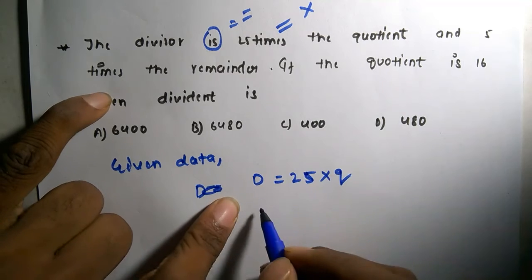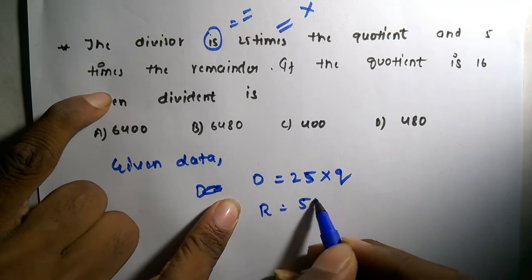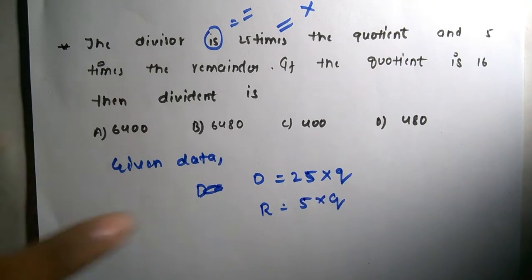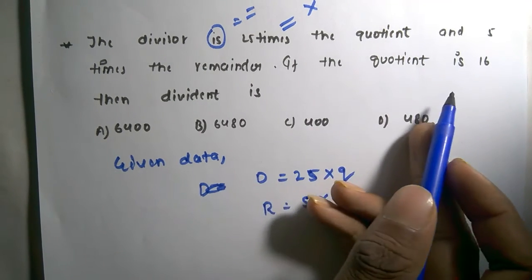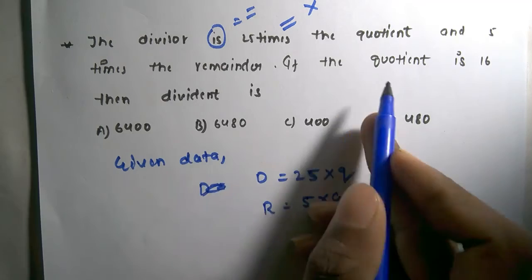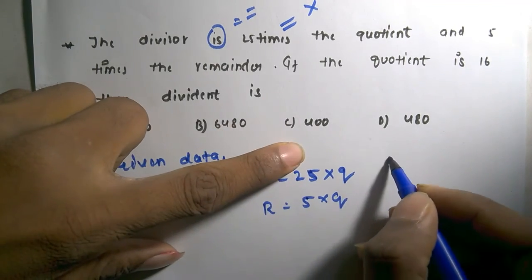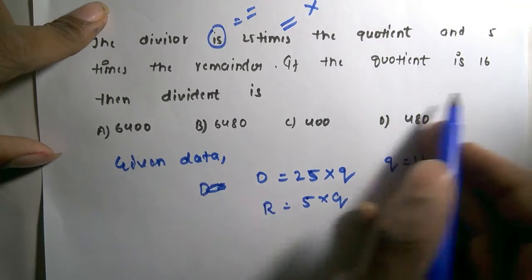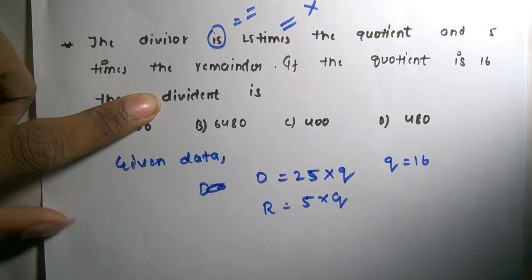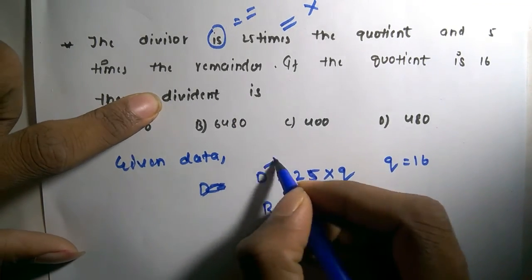So the remainder will be 5 times the quotient. And if the quotient is 16, then the dividend is? So here the quotient is 16, they have given in the question itself. Then the dividend is, so he was asking the dividend.